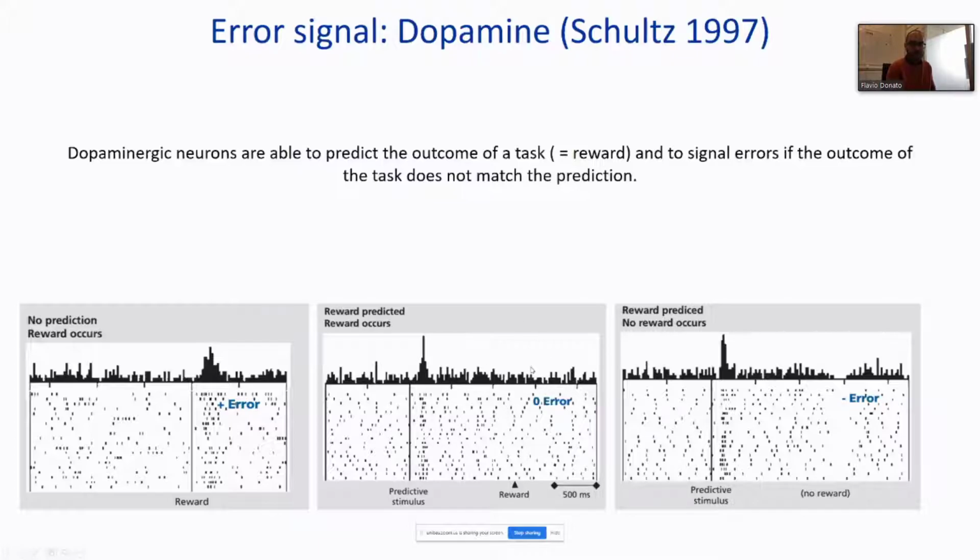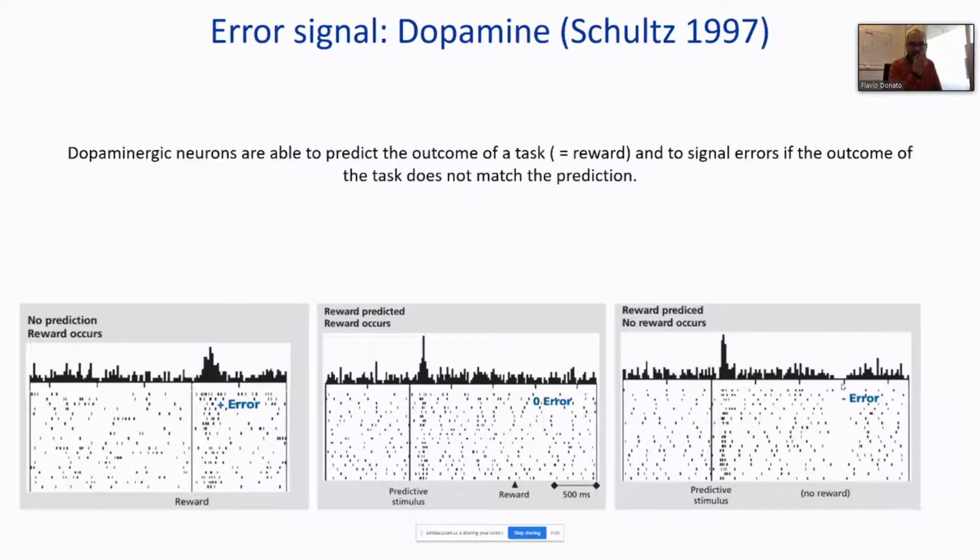Indeed, there is a reward. But if you fool the animal, and in some trials you give the predictive stimulus, the dopaminergic neurons say, wow, fantastic, I'm going to get my reward. But then you do not give the reward when the animal is supposed to get it. The dopaminergic neuron is surprised again and thinks, I was expecting a reward, I don't see any reward, what's going on? It will decrease its firing rate here.